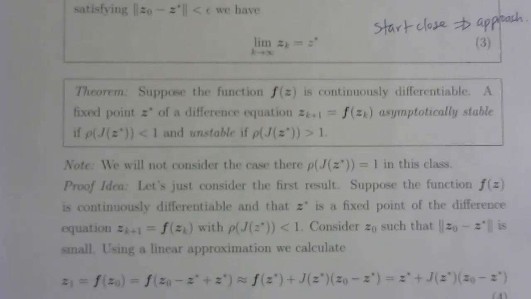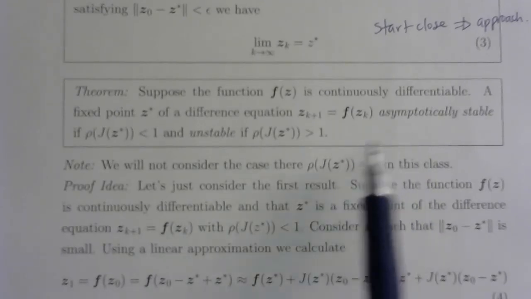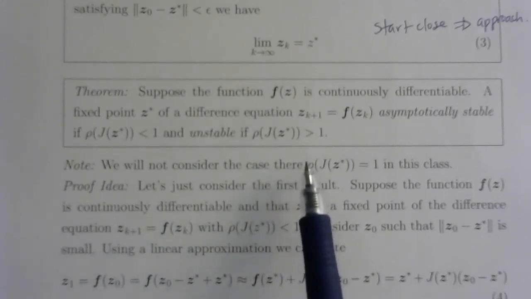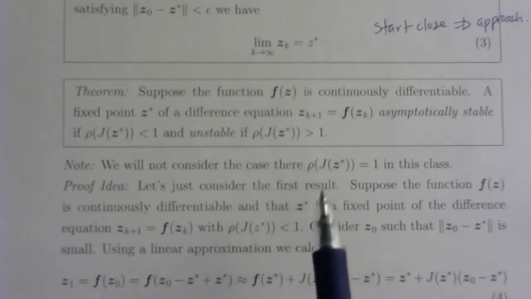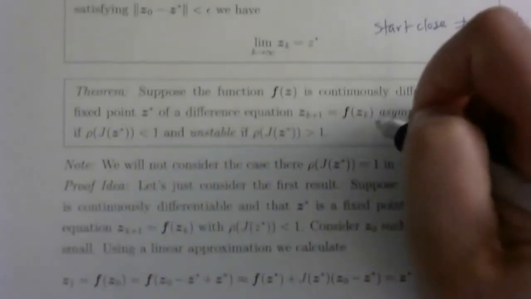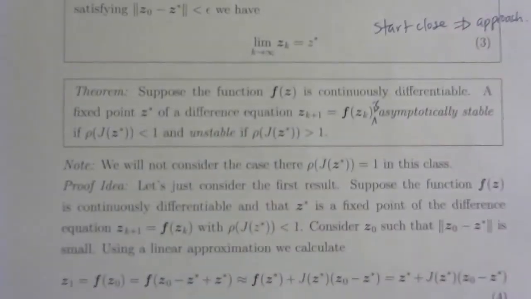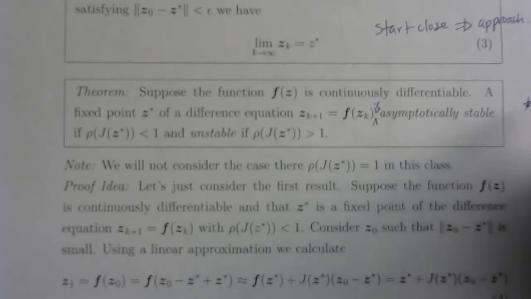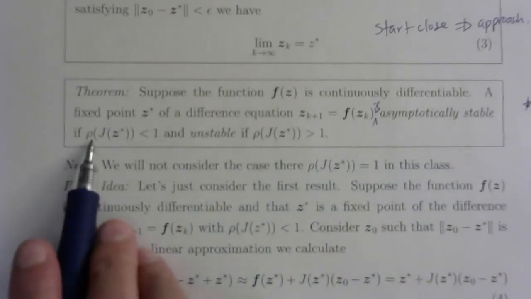Suppose that our function, again, has to be continuously differentiable, and we have a fixed point of the difference equation. The fixed point of this difference equation is asymptotically stable if, and I wrote this on the last page, by rho I mean the spectral radius.